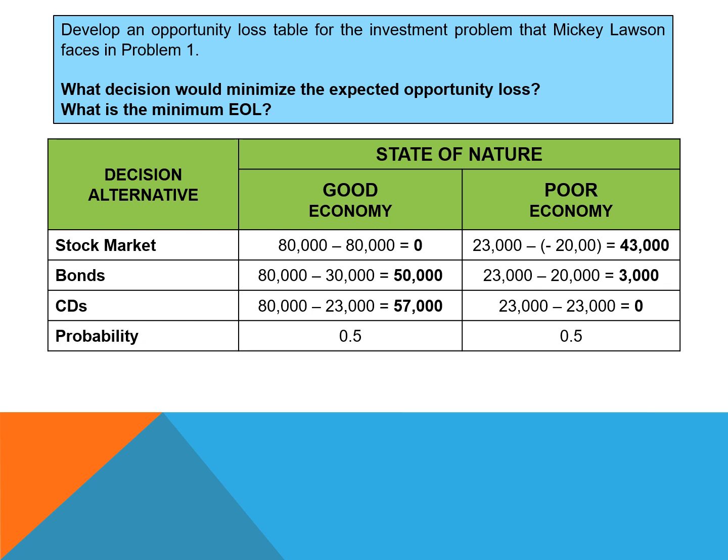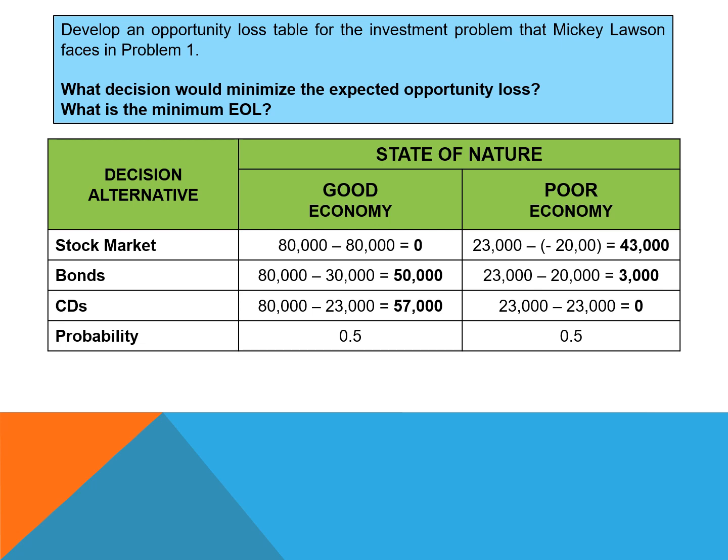And the same with CDs, 57,000 of profit was missed out. And so on. Now we have the data of the table of regret, namely the numbers in bold. That is the data for the table of regret.